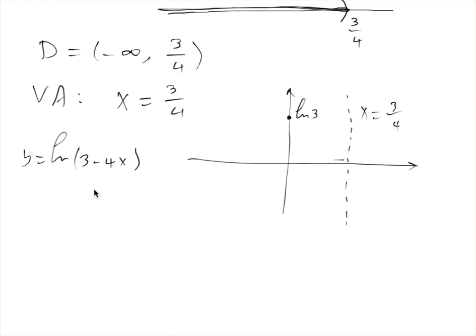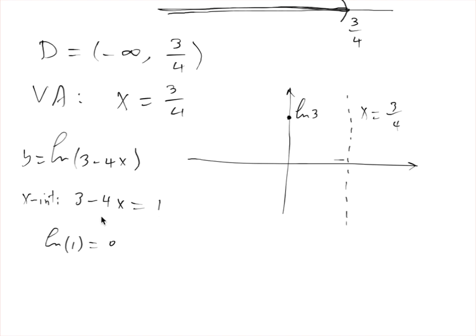And to get the x-intercept, we set 3 minus 4x equal to 1. We know that because ln of 1 is 0, you want to get 0 for y, so the argument has to be 1.